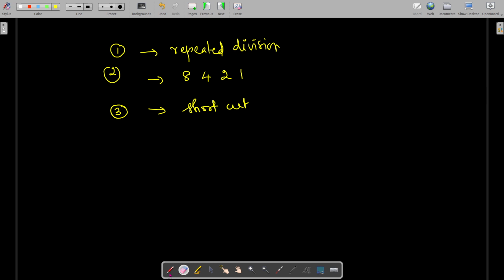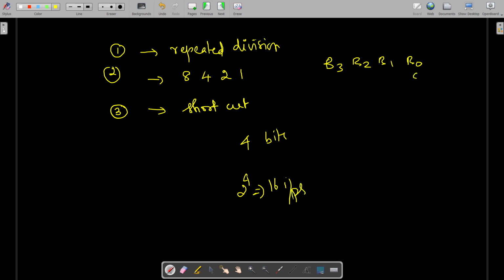The shortcut method, or the third one, is we have these B3, B2, B1 and B0 values. I have told you how many combinations there are. We have 4 bits, isn't it? So it is 2 power 4, that means you have 16 combinations. 16 input combinations will be available.